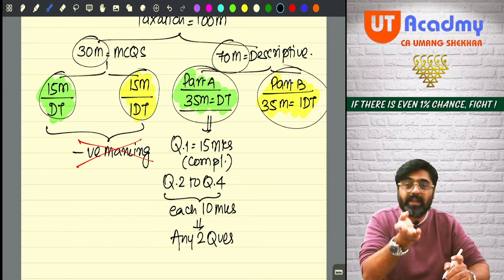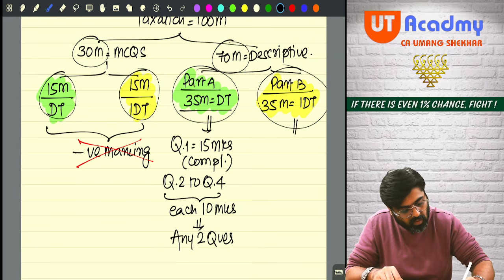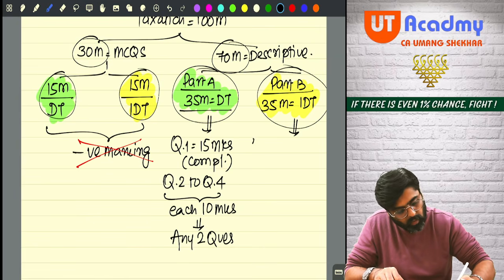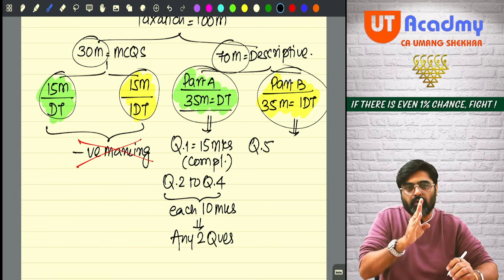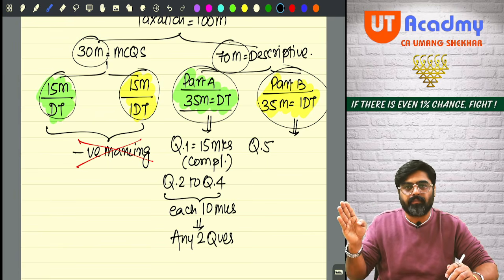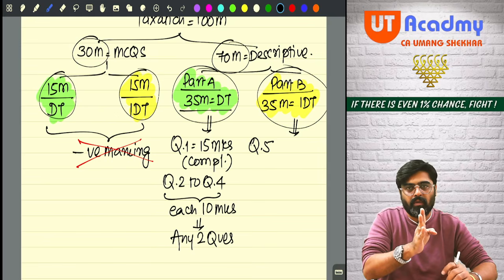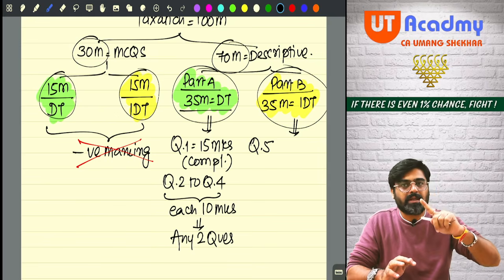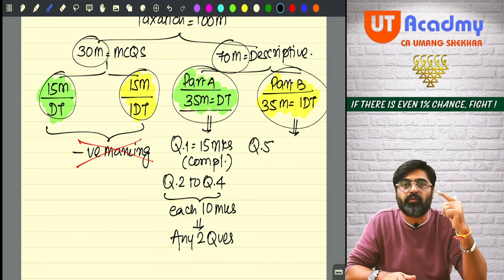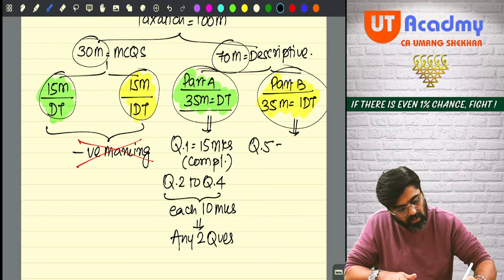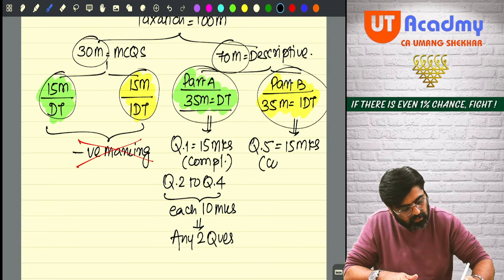Okay. Now in the same way, if you will go to IDT question number 5, because see, till question number 4 it will be direct tax, and from question number 5 part B will start. So question number 5 will be the first question of IDT, and that will also carry 15 marks, and that is also a compulsory question.